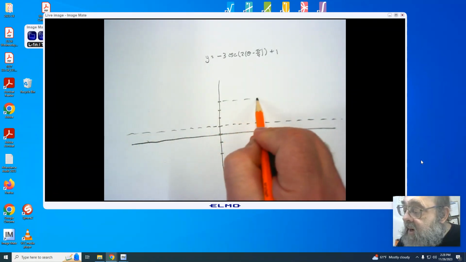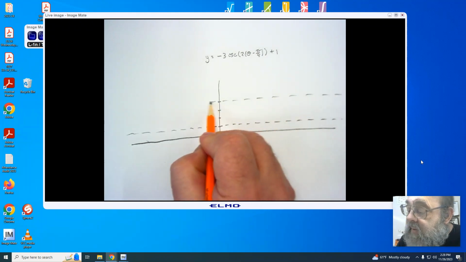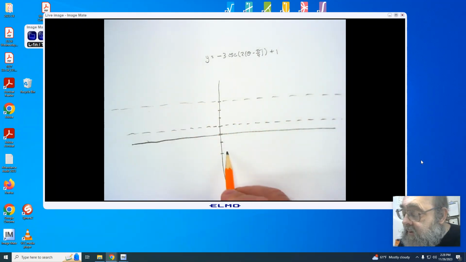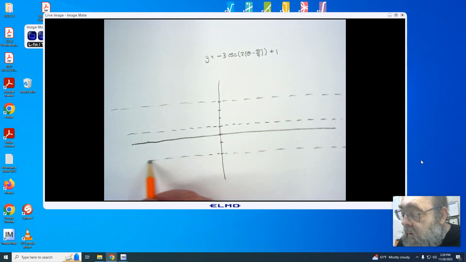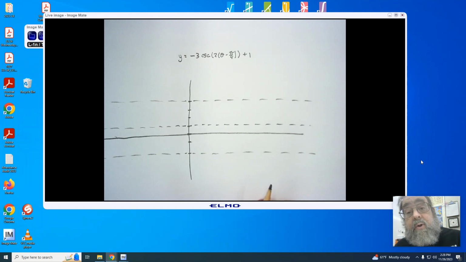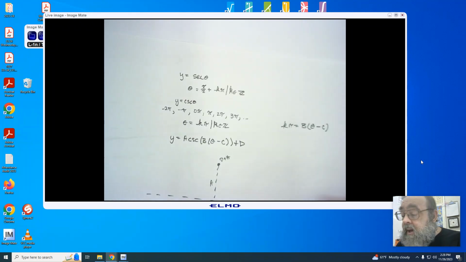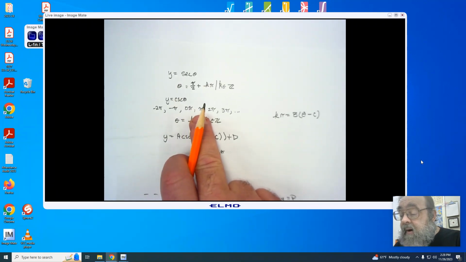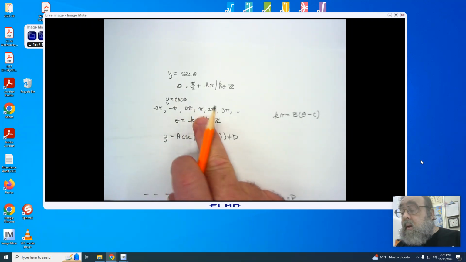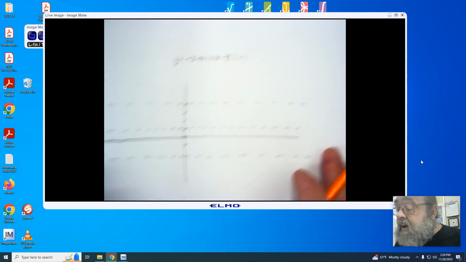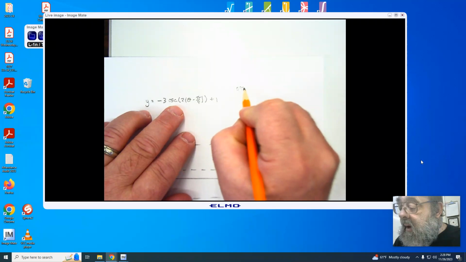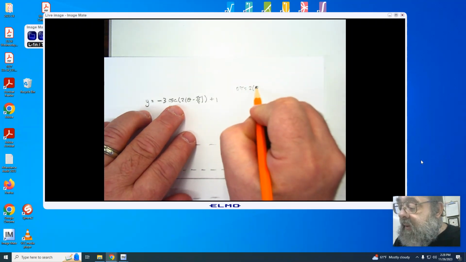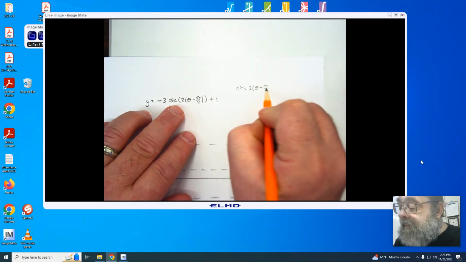Our maximums and minimums are going to lie on these two other dashed lines, either above or below. We're going to start off with our first asymptote, which would be at 0 pi, and then find our next one at pi. That should be enough for us to finish the graph. So we take 0 and set it equal to 2 theta minus pi over 4.